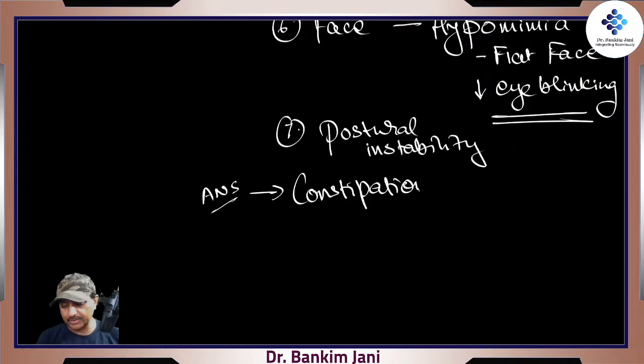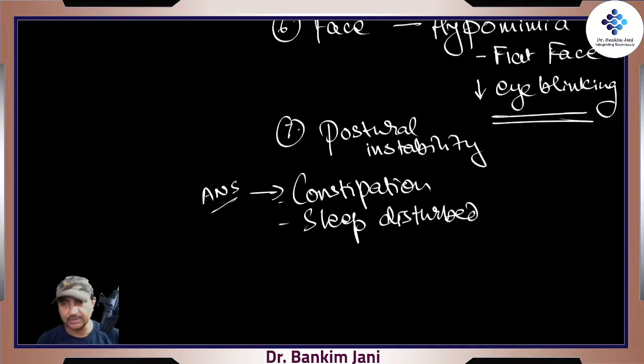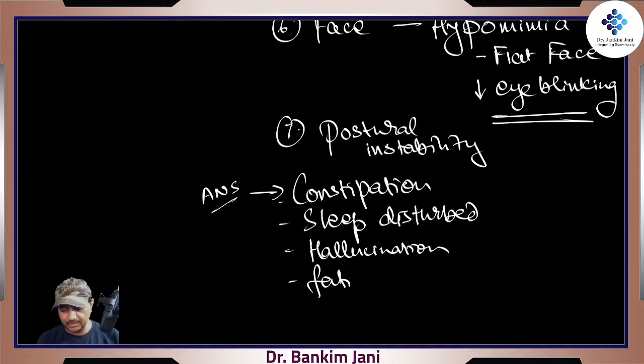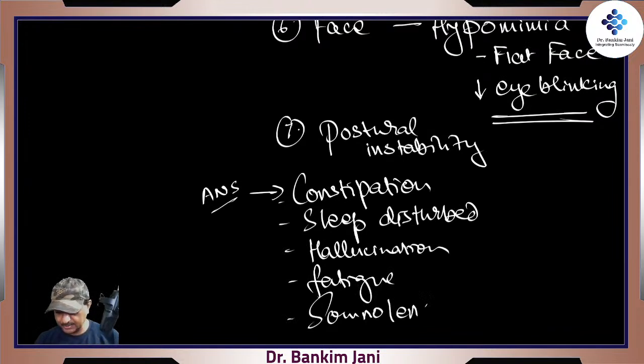Then even the smell is affected, sleep is affected, sleep becomes disturbed, extremely disturbed. Then hallucinations, they start talking, right? Hallucinations, fatigue. Then one common word which is said for them is somnolence.